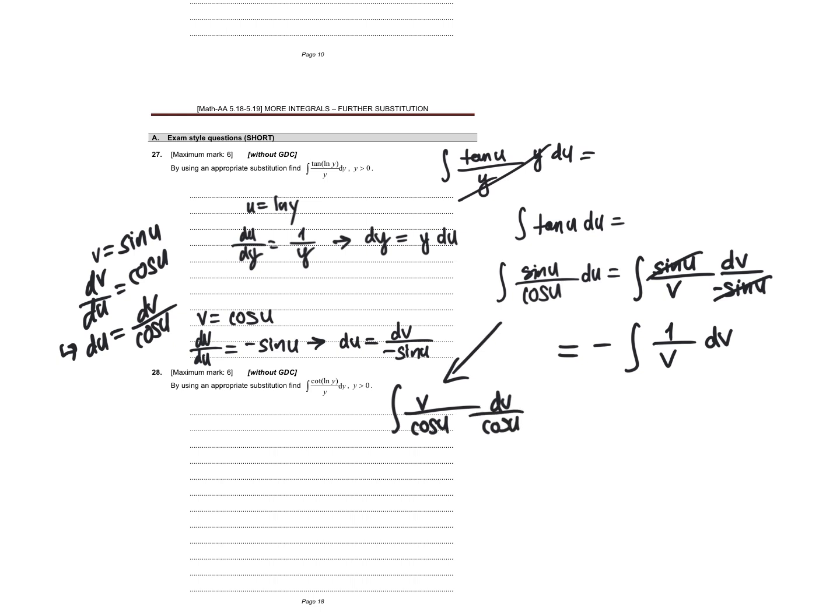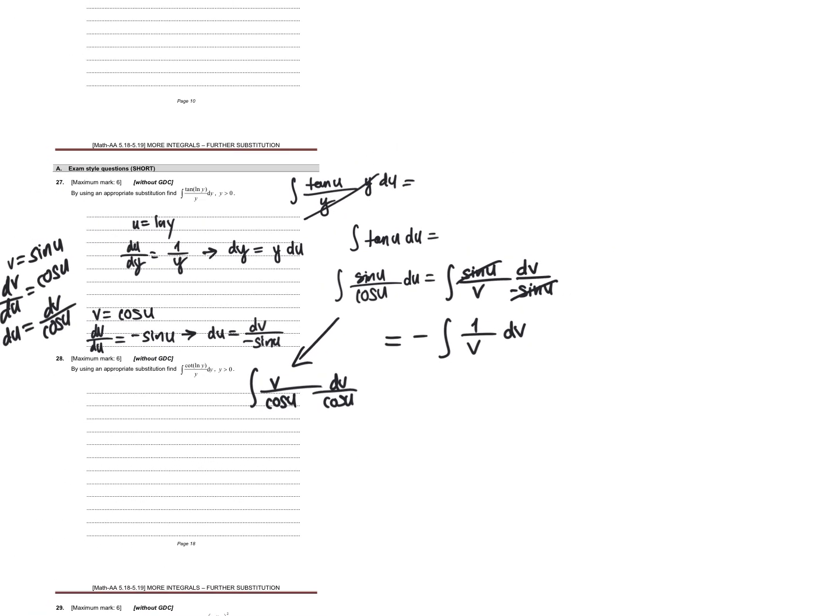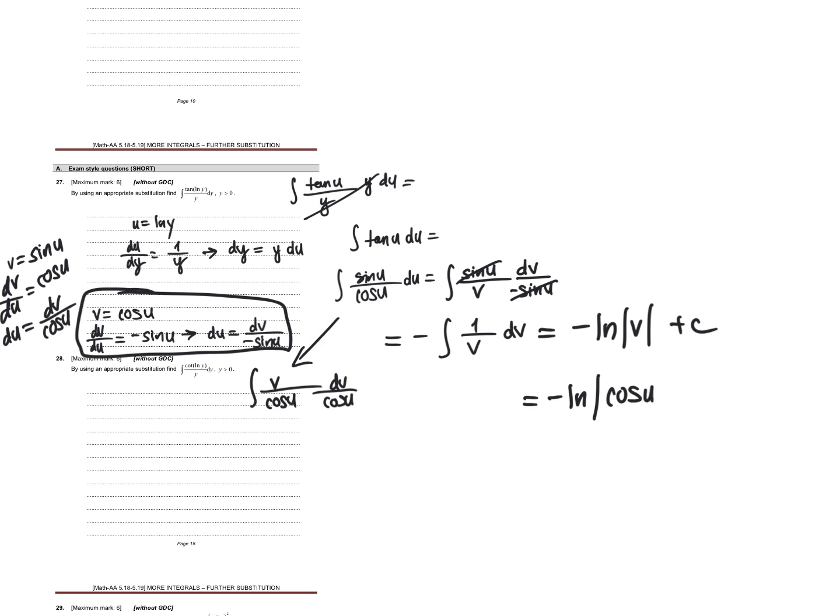So that would have helped no one. All right? So sometimes, if it doesn't work, try something else. Okay. So now this is going to be negative natural log v plus c. Now v here was cosine u, and u was natural log y.